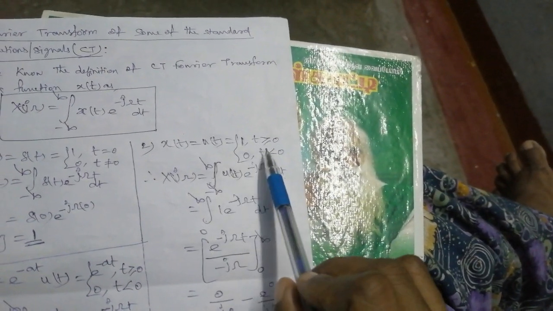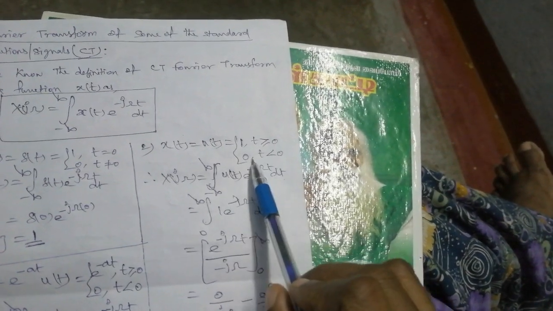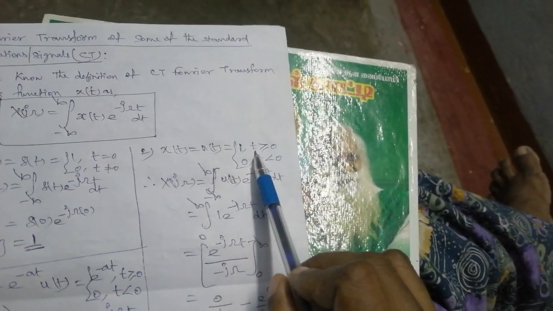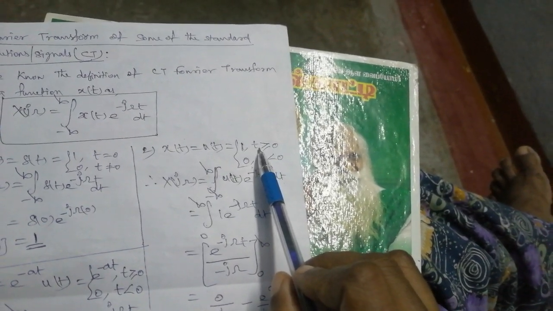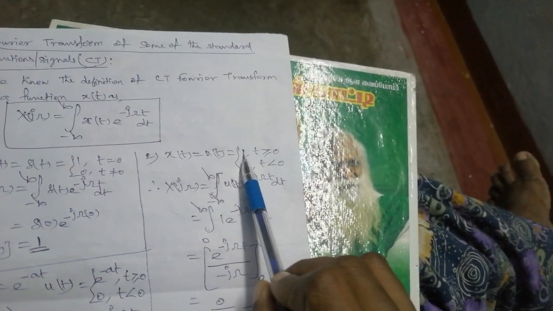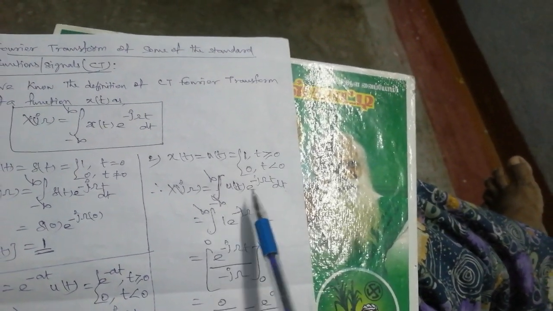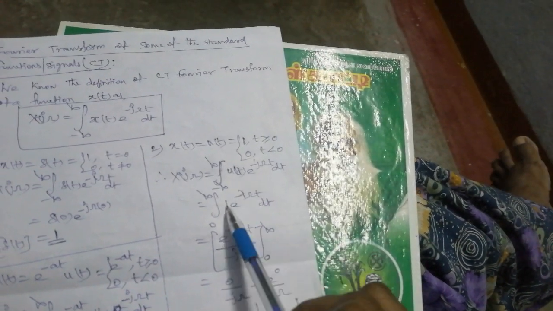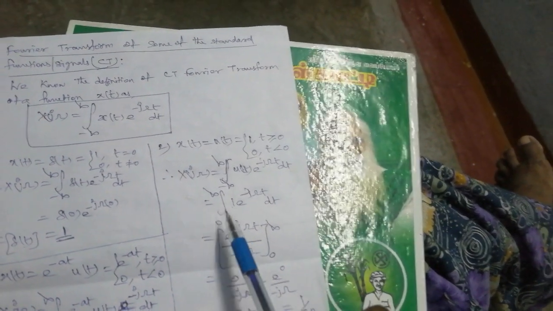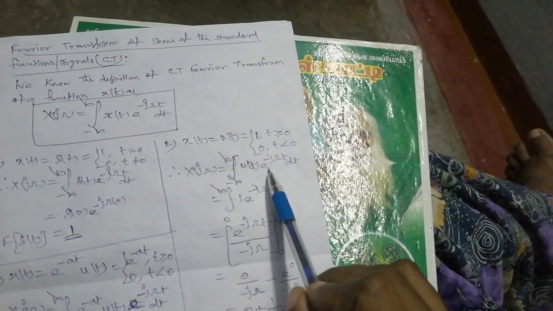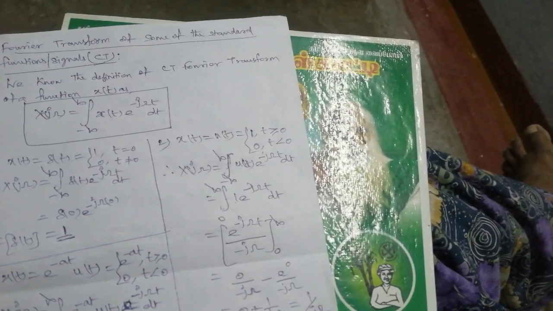We know the meaning of u of t: it exists with unit amplitude only for values of t from 0 to plus infinity. Only for positive values of t is the function non-zero. So though it is substituted as u of t, in the next step we can put its value as 1 in the interval 0 to infinity. The remaining is the same, e power minus j omega t into dt.